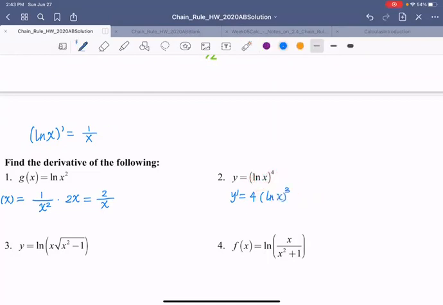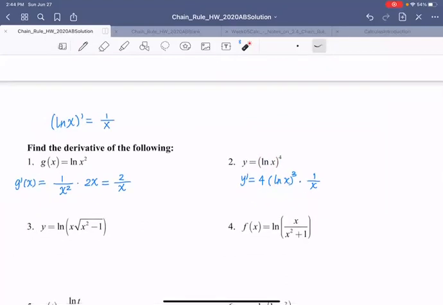Times 1 over x. You want to see the order. The outer layer is ln, so you do this first. The power of 4 is out, so you do 4 times this guy to the power 3. And then this guy's derivative is 1 over x, correct?